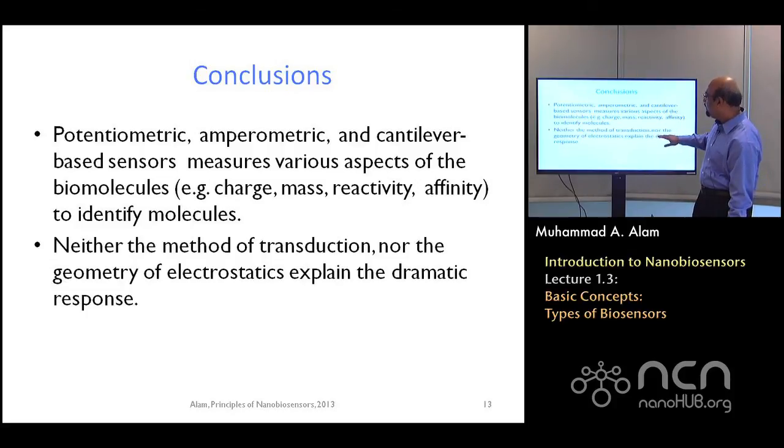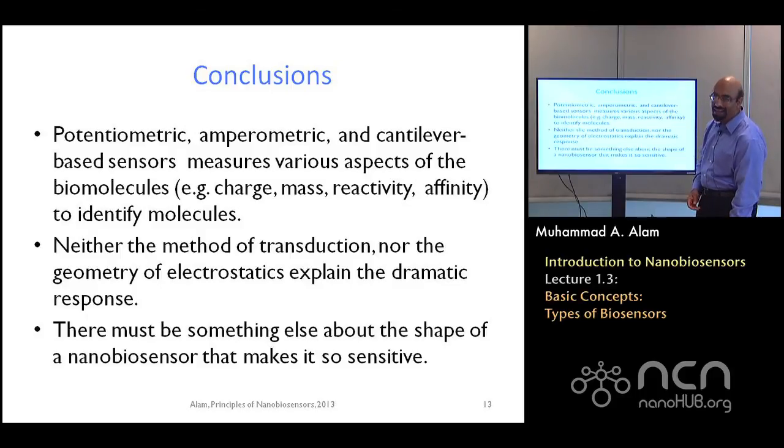Now, neither the method of transduction, it doesn't really matter how you detect it, remember the megapixel example, they have quote unquote similar megapixels, nor the geometry of electrostatics allows you to explain the extraordinary gain in sensitivity.